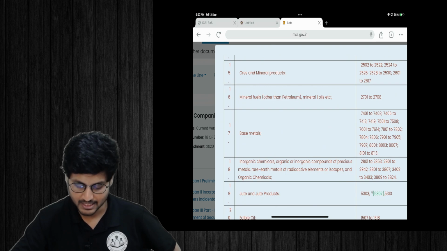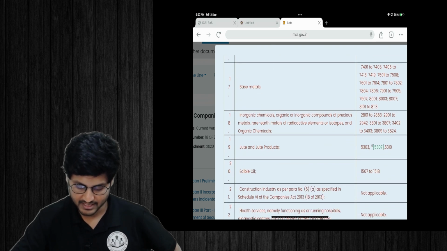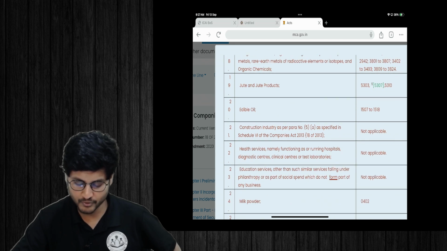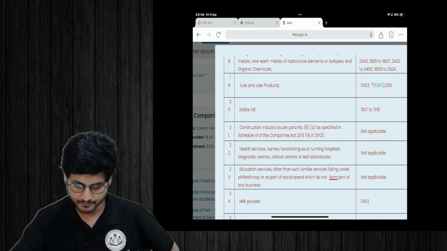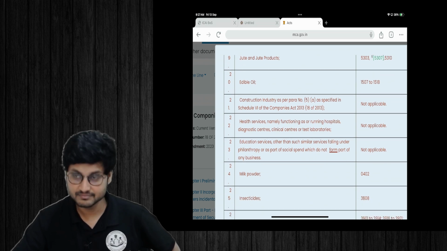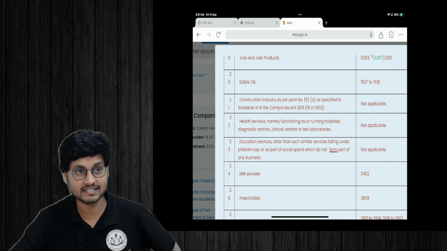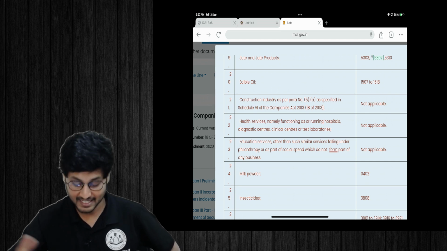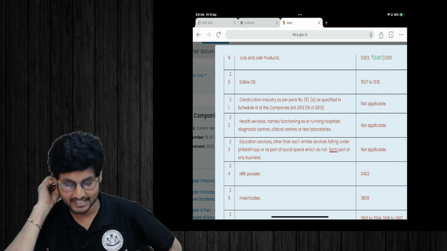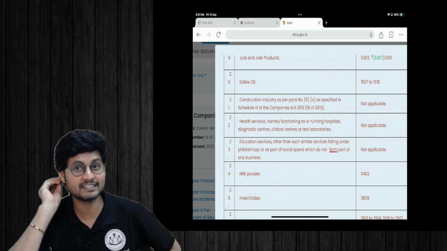Base metals, mineral fuels, inorganic chemicals, jute and jute products, edible oil, construction industry, health services, including running hospitals. Health services are also included. And educational services. Educational services are also recognized in 33.